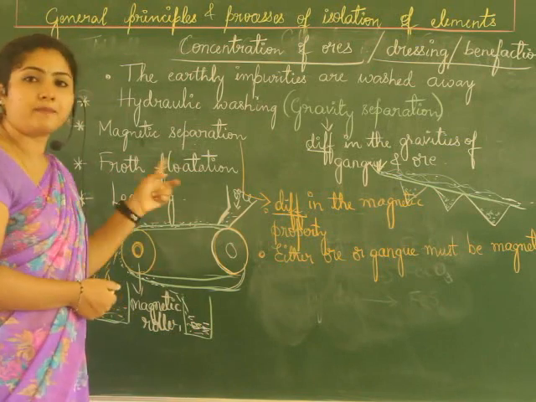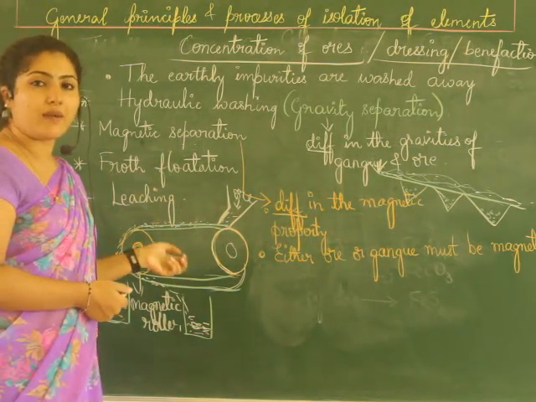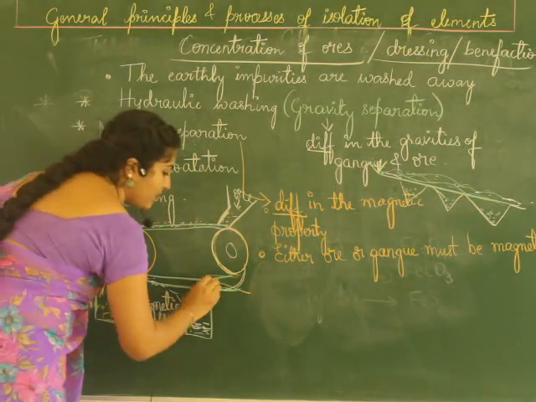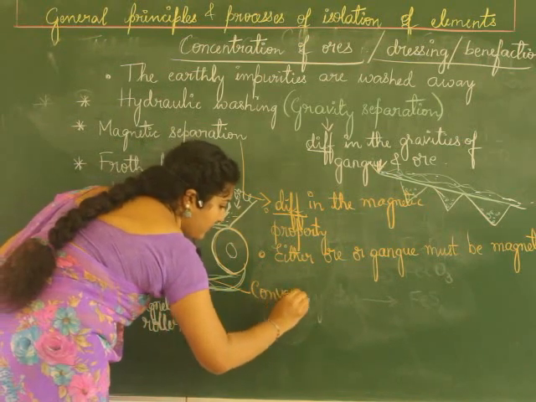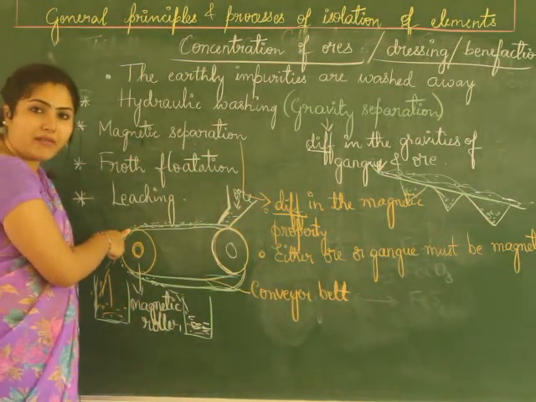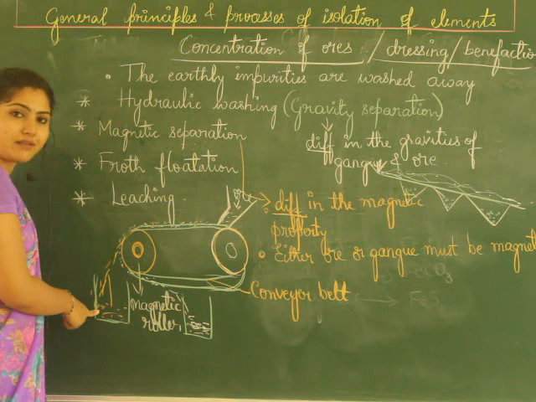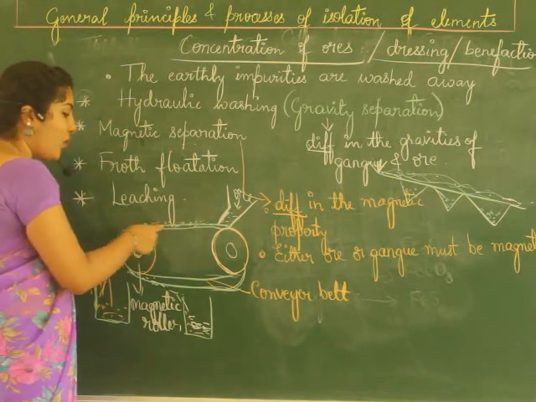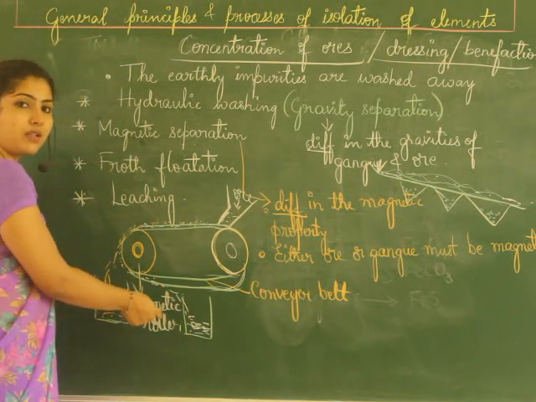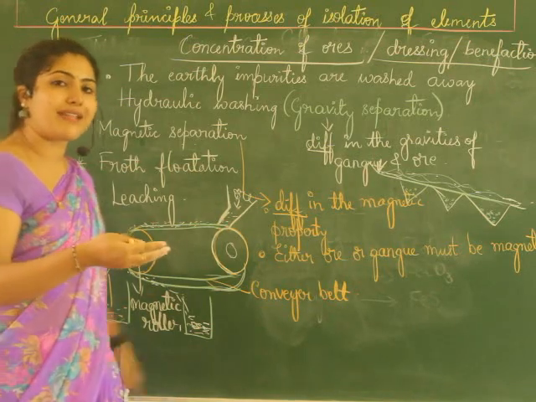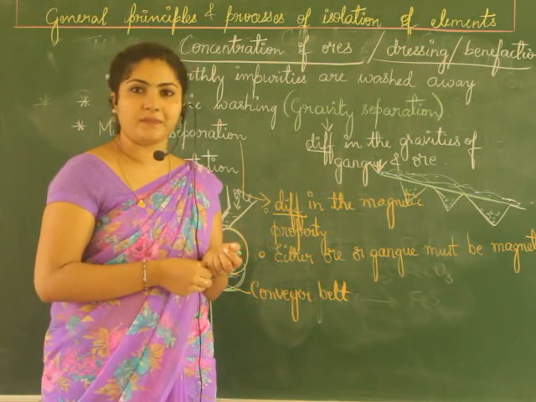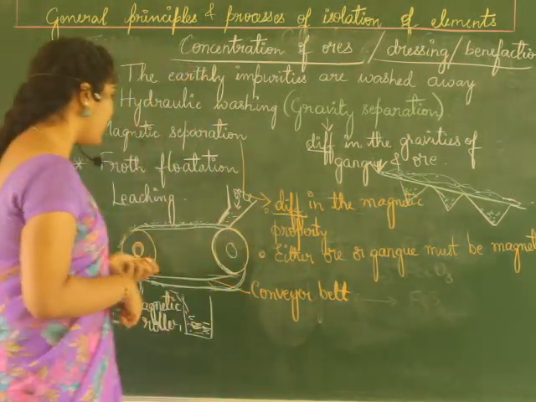When the roller starts working, that is when it rolls along the conveyor belt, the gangue particles that are not attracted by the magnet will be collected in a container away from it, whereas the ore particles which are attracted by the magnet will get collected in another container. Like this, you can separate ore particles from gangue particles, which is nothing but concentration of the ore. Are you getting cleared with it? Okay, so this was the second method.